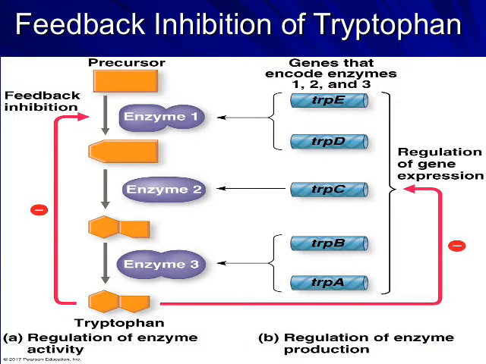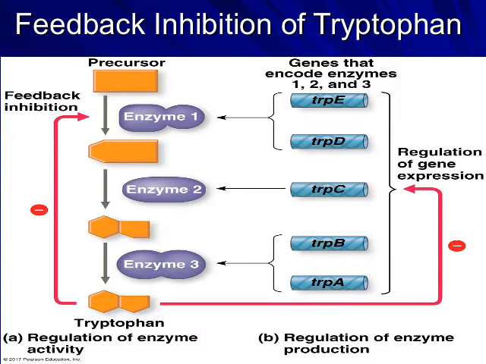So this is kind of what's called a feedback inhibition. If tryptophan is there, then the bacteria doesn't have to produce it. If the tryptophan isn't there, then the bacteria has to produce it. And this picture is pictured on page 364 of your books. Okay, so take a minute to look at this picture.